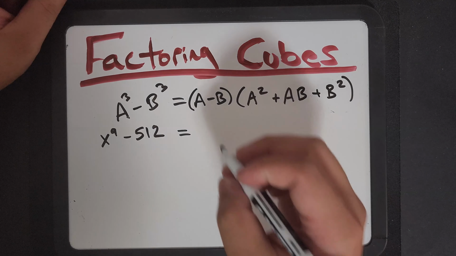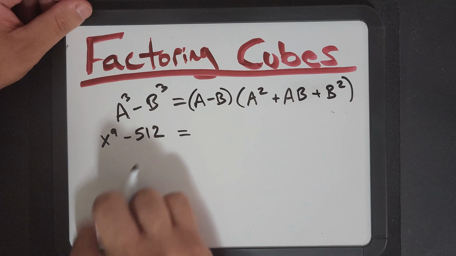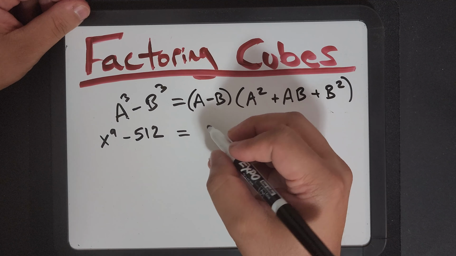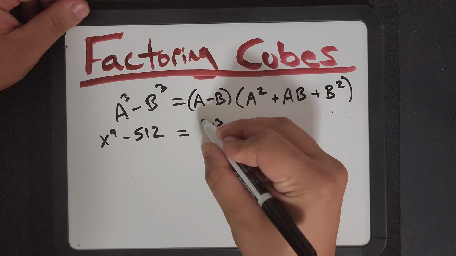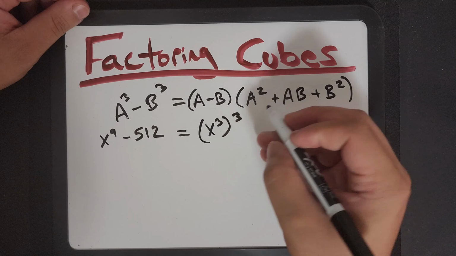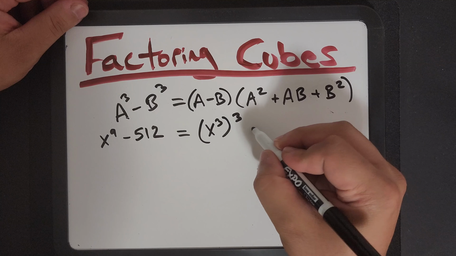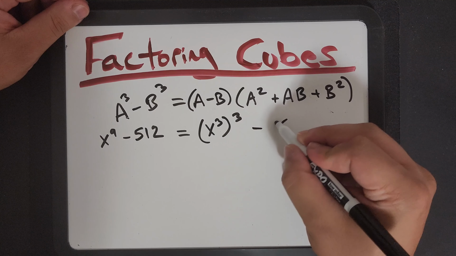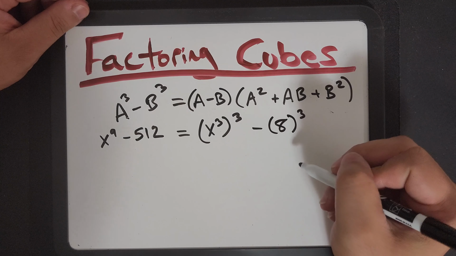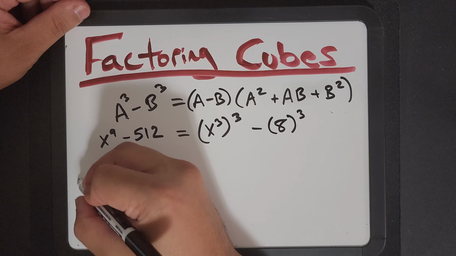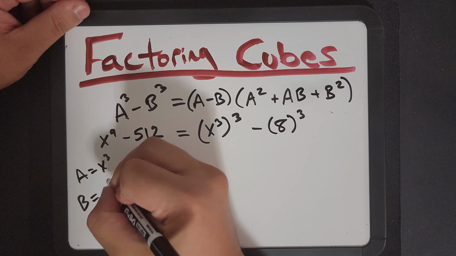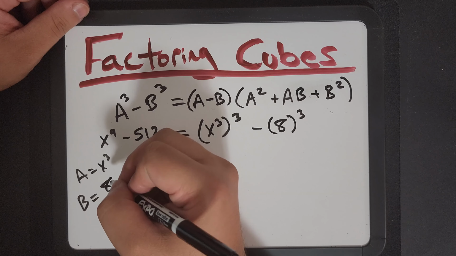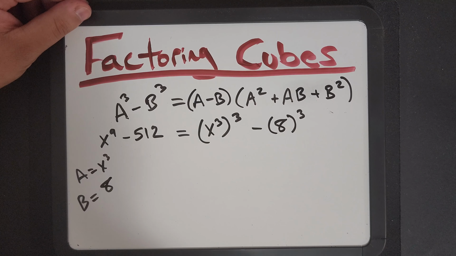And that is that. So now we have x cubed, and then we also have 8 cubed. So that gives us a is equal to x cubed, b is equal to 8.